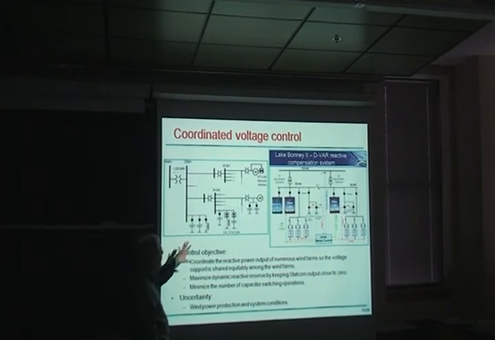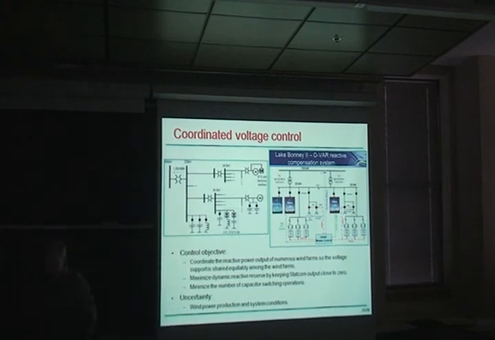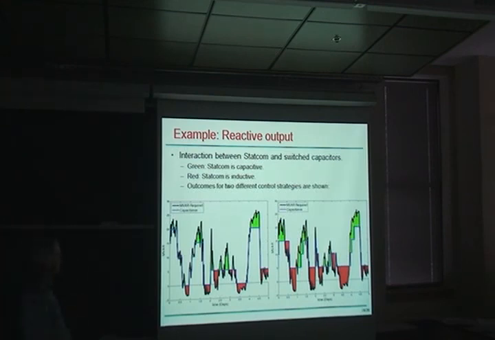You have wind farms that are owned by different entities and developed by different entities using different equipment, and they have to be able to coordinate with each other, and that's a real challenge at the moment. Pretty pictures. It's probably not worth going into the details, except to say there are two different control strategies in action here. There's the variation due to the wind, and it's all very colourful.